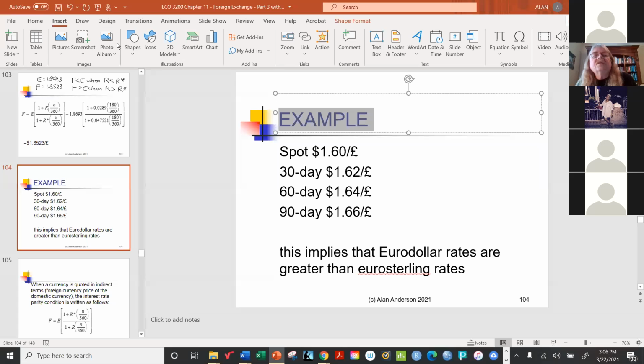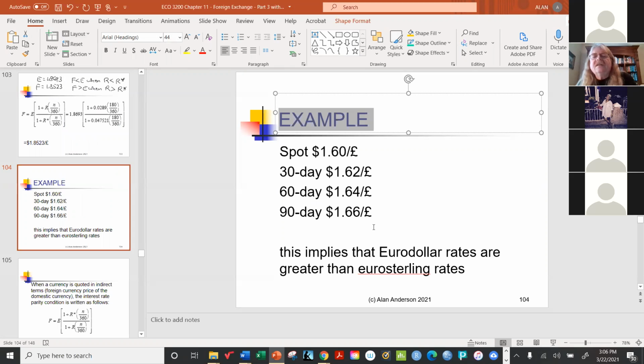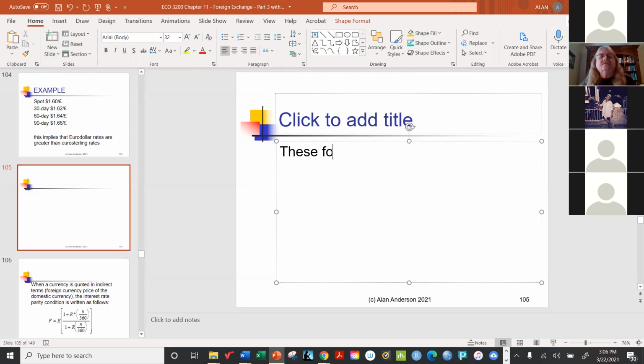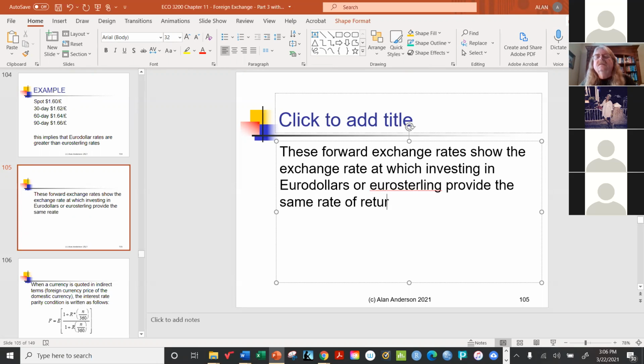But the bottom line is those interest rates, because ultimately these forward exchange rates show the exchange rate at which investing in Euro dollars or Euro sterling provide the same rate of return. Except now we have to be careful here for an American investor.